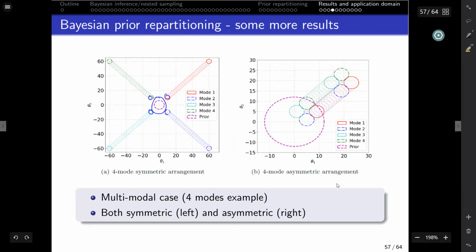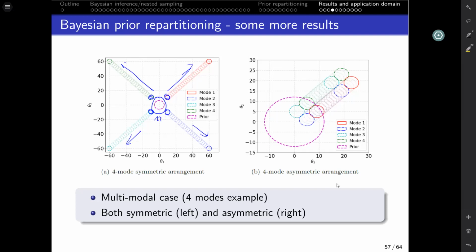In the first experiment, the 4 modes are quite close to the prior. Then we move them far away from the prior, following the diagonal direction, to see if the algorithm can cope with this kind of situation.